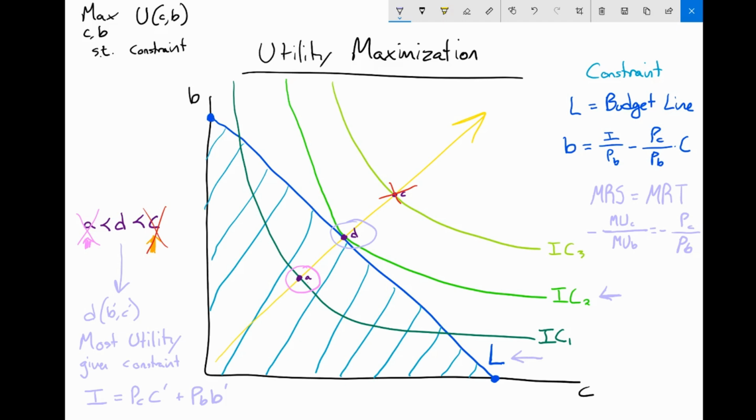How do we do that mathematically? Well, that's what we want to do next. I want to give an illustration of what it looks like to maximize utility mathematically. We're going to utilize constrained optimization, what we reviewed in the math review. So let's go there now.